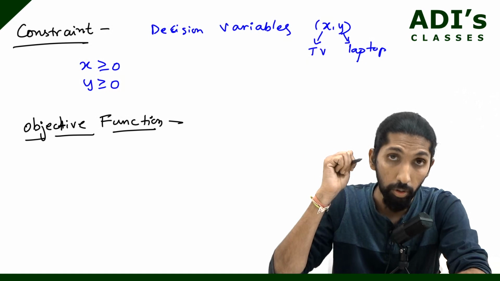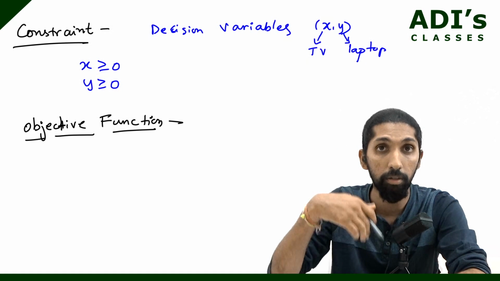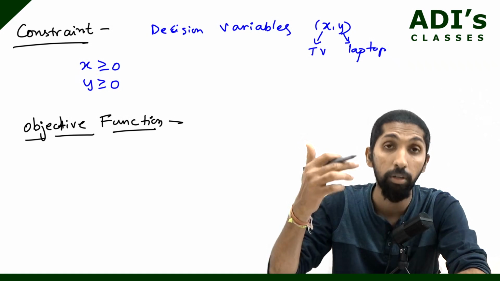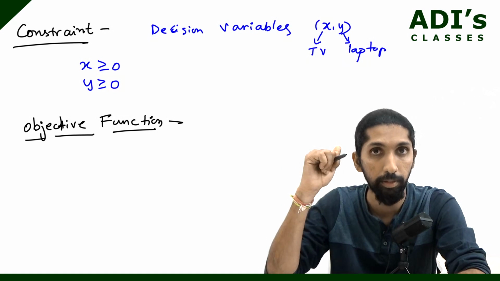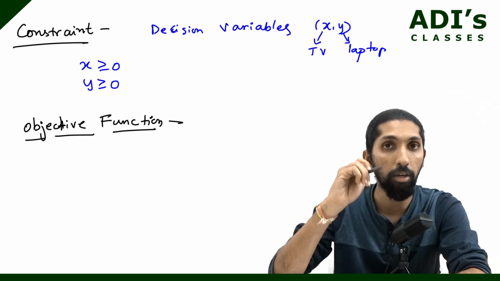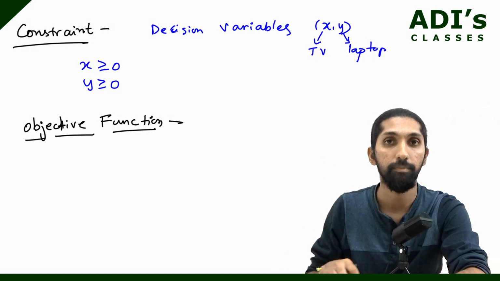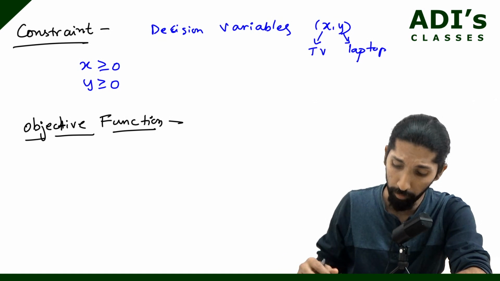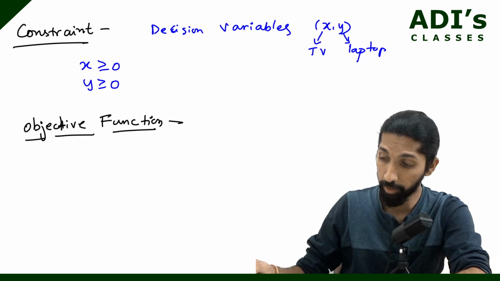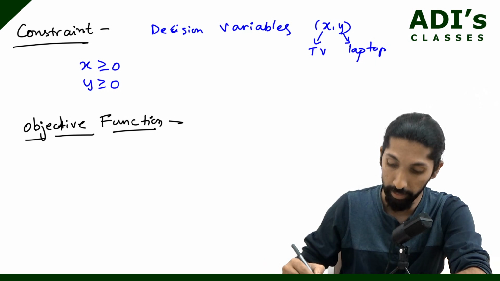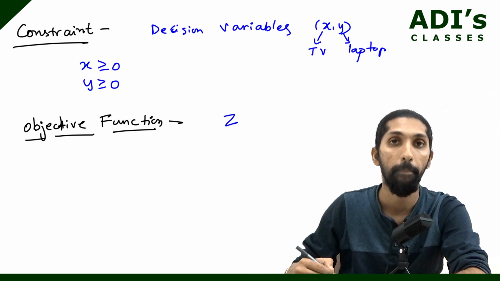Make sense? So the function you're trying to understand and the final part you're trying to get, that is basically an objective function. Understood? Now, most of the time, the objective function is denoted by Z. All right.